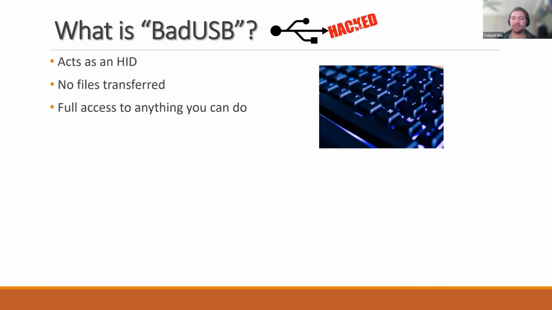Now, these devices can come in multiple types. Usually, for demo purposes, they come in USB flash drives, which you will plug into your computer, and then it will do whatever it wants. But that doesn't have to be the case. These BadUSB devices can be built into any USB device.